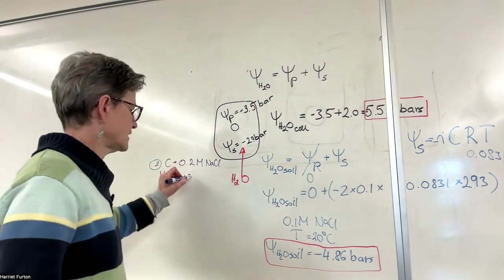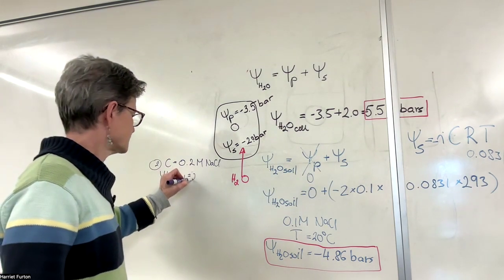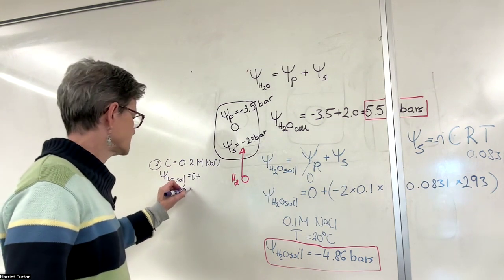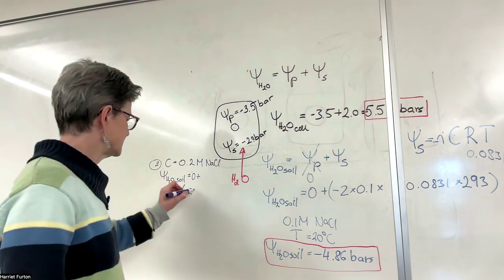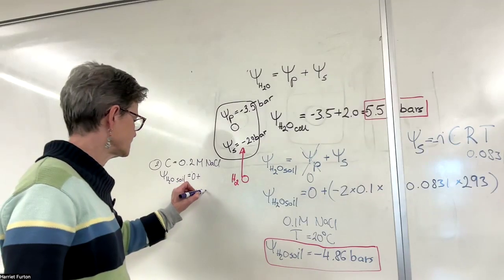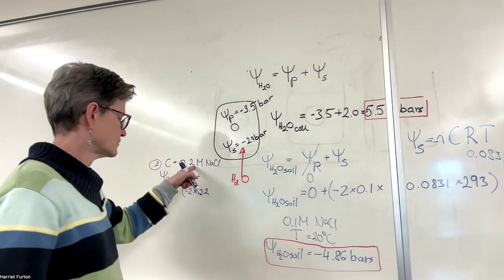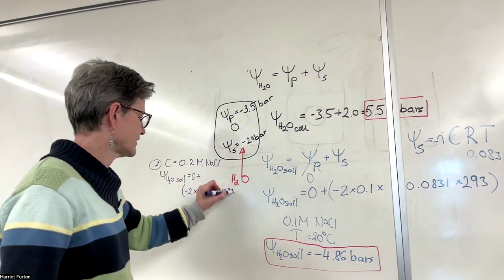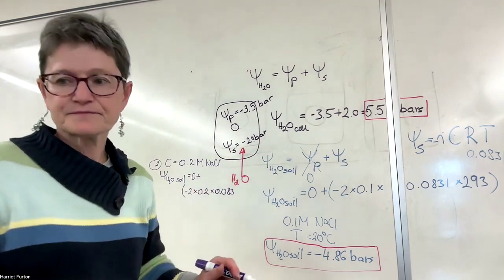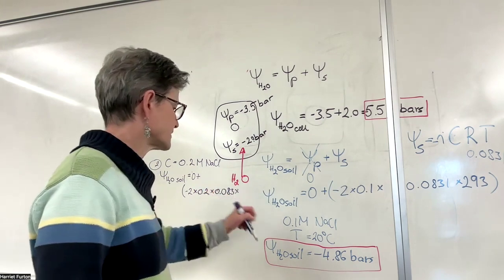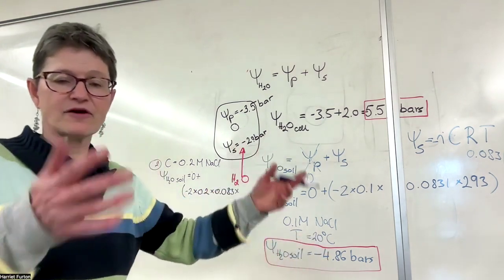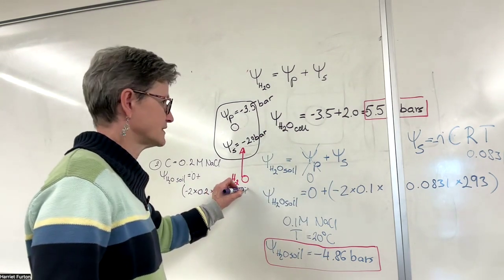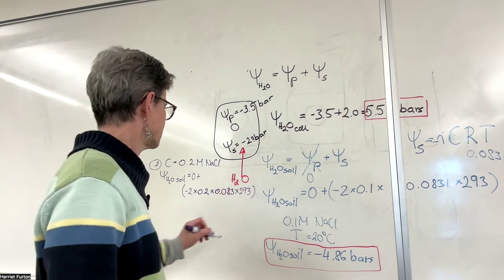So it's 0 minus 2, the ionization constant, times 0.2, the molar concentration, times 0.083, the pressure constant, and the temperature is the same, 20 Celsius later on at springtime, so 293 Kelvin.